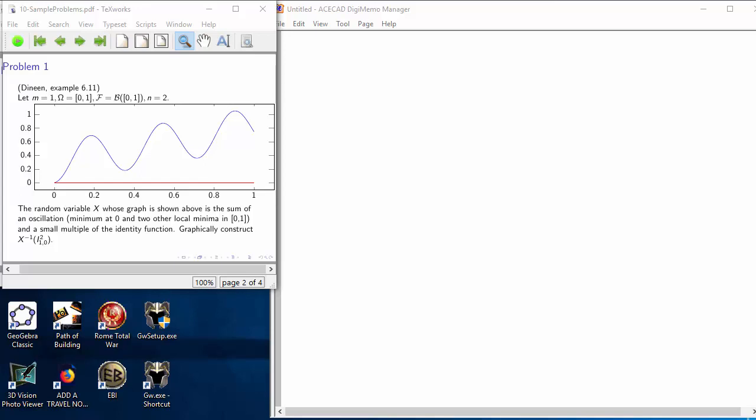Okay, here are the sample problems for Math 117 Class 10. And the first of these is yet another exercise in explaining weird notation from Deneen. So, I've created a graph of a random variable, and this graph is sort of wiggly.